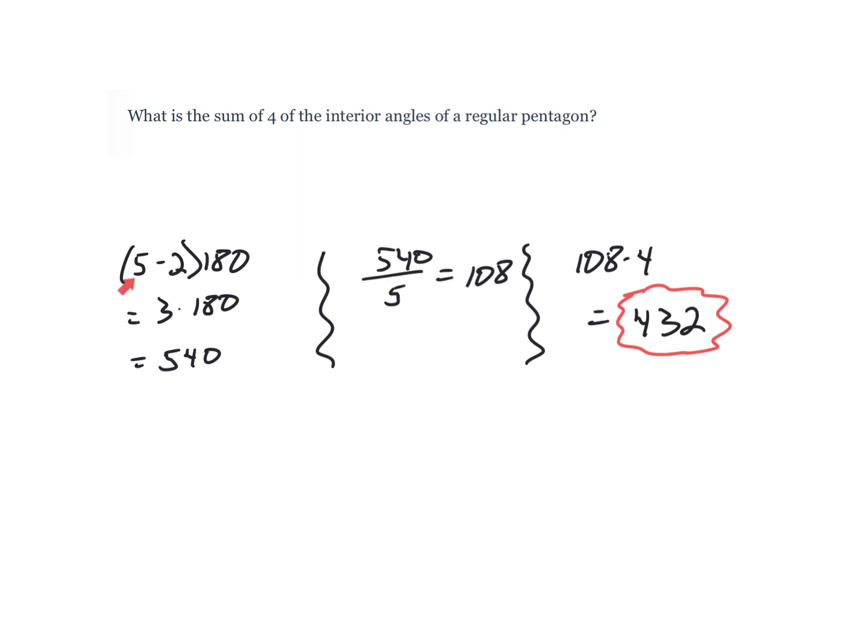Well, that's 5 sides, so 5 minus 2 times 180, that's 3 times 180, which is 540. Then to get each individual angle, we would take the 540 and divide it by 5. This is a regular pentagon, so they're all the same. 540 divided by 5 is 108. So each interior angle is 108 degrees. And it asks for the sum of 4 of the interior angles. We just multiply 108 times 4, and we get 432.